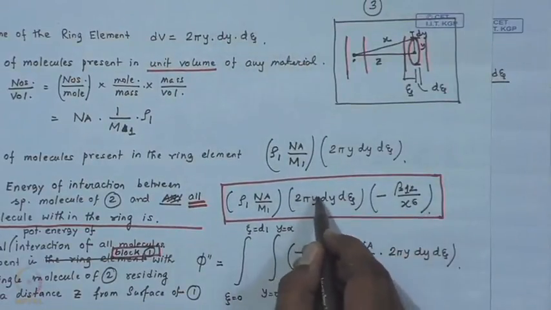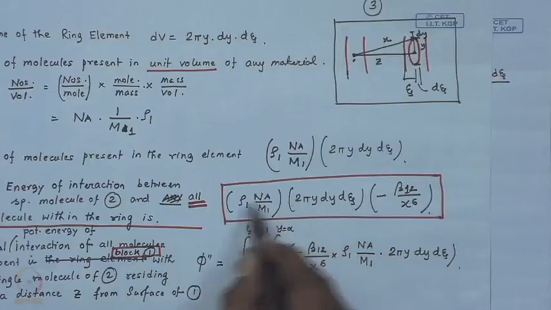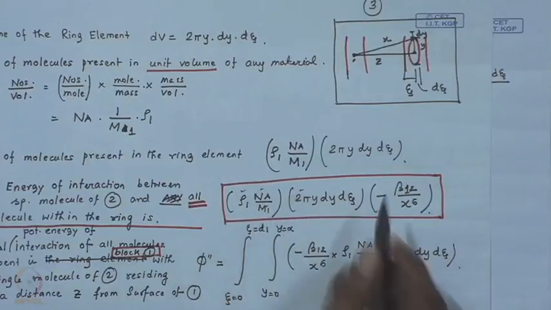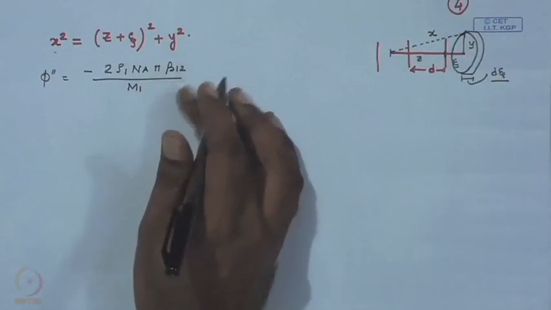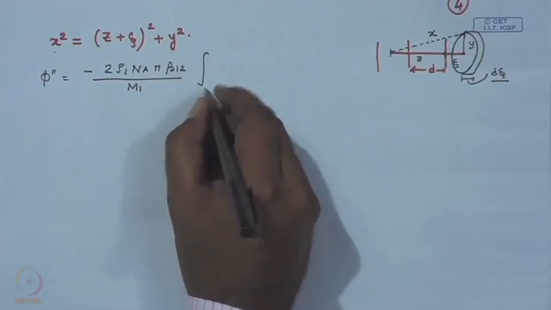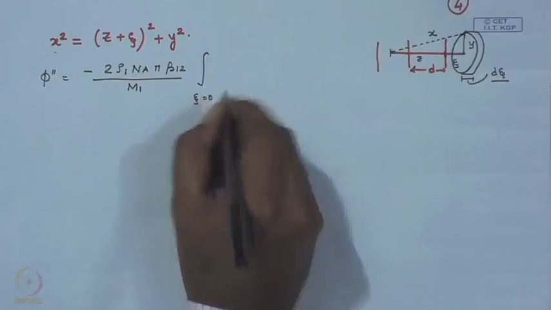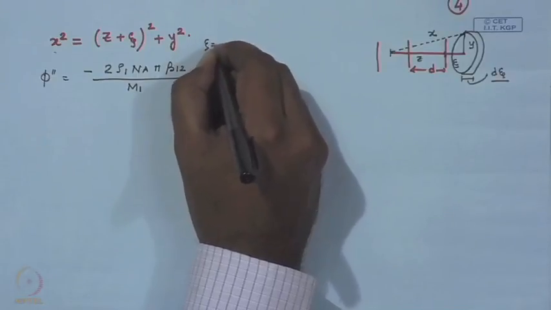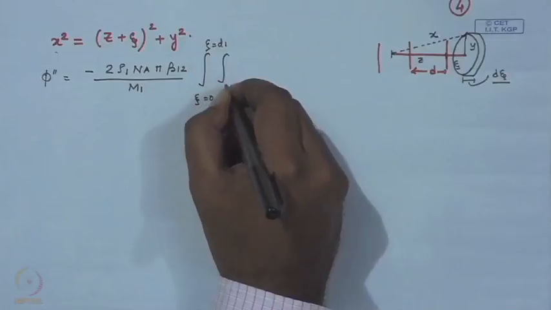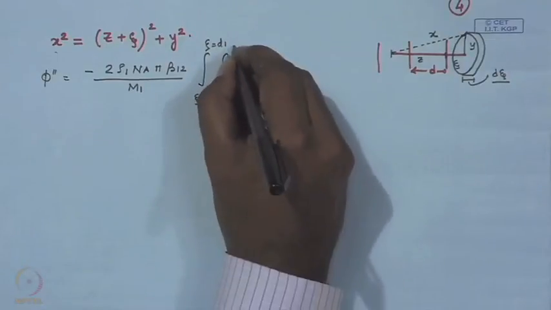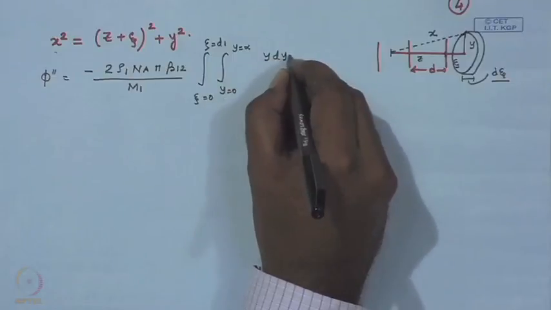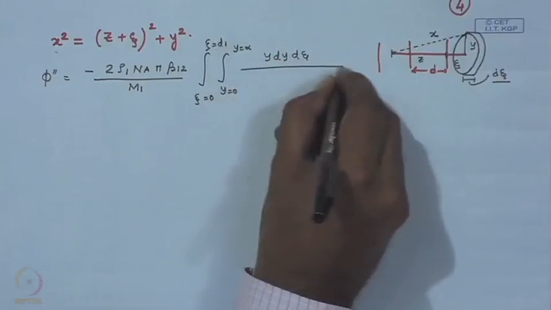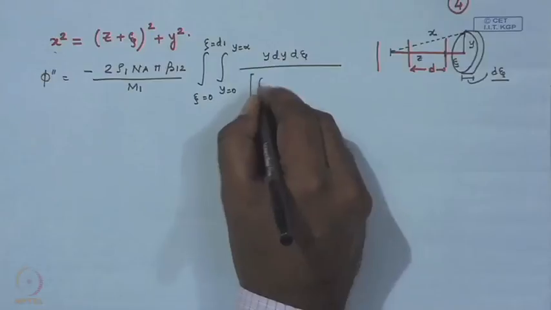So, you can see that other than y dy dz, everything else, this as well as beta, they are all constants, and therefore, they have been taken out of the integral, and the integral now reduces to this form.